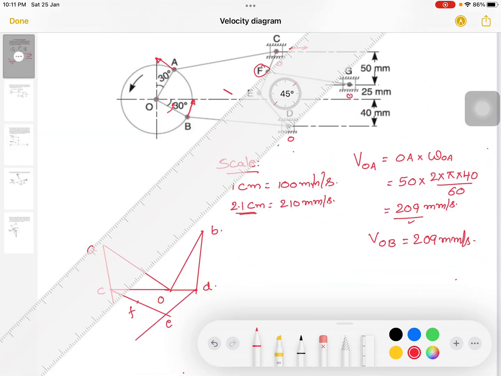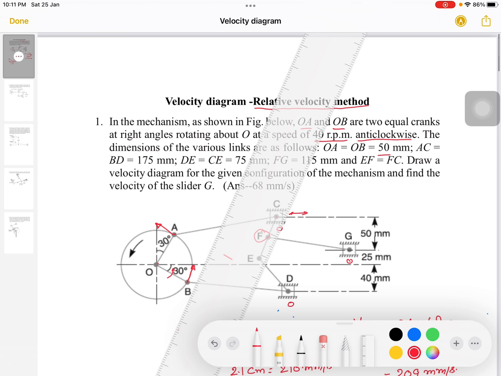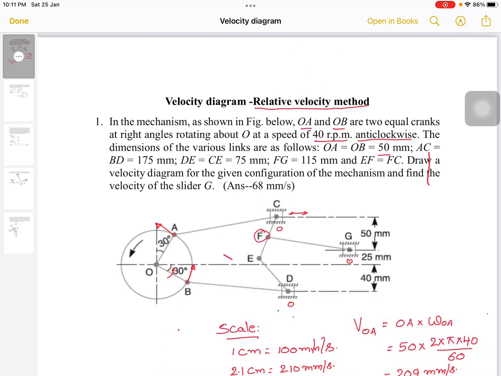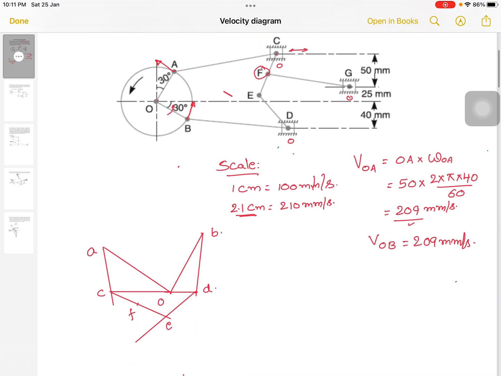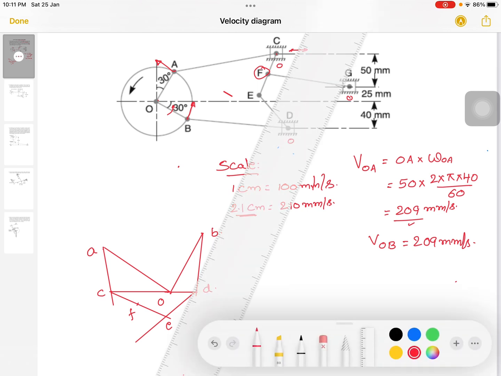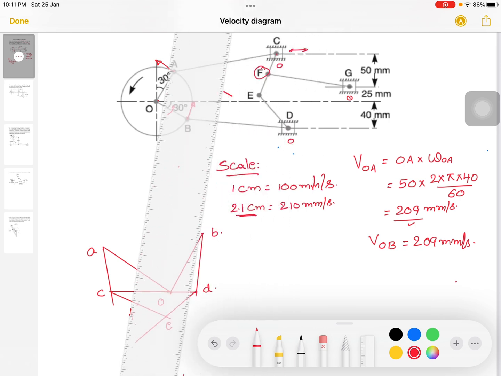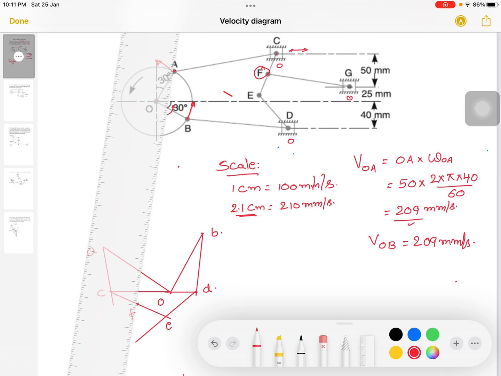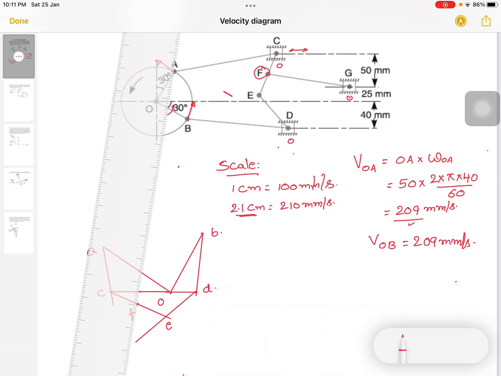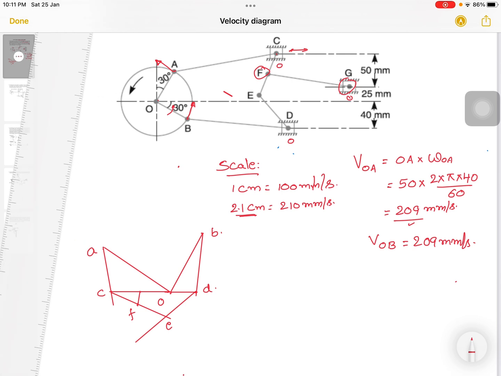Now draw a line perpendicular to FG. G is again a slider, moving along the x-axis in this case.